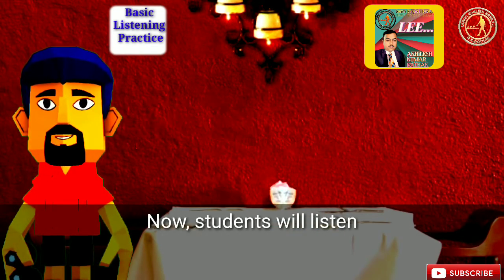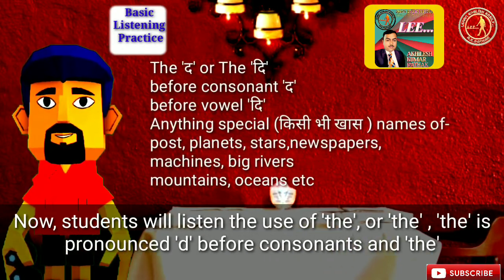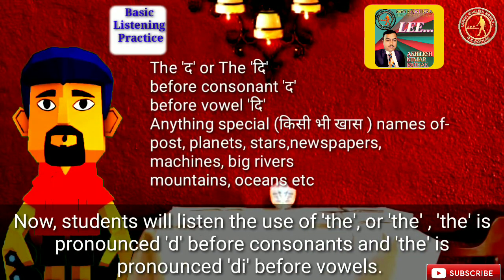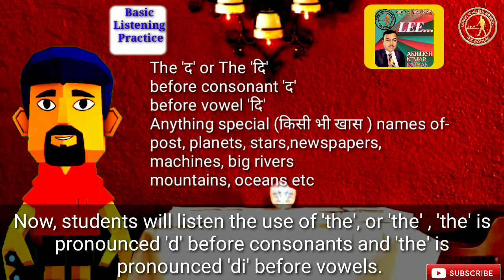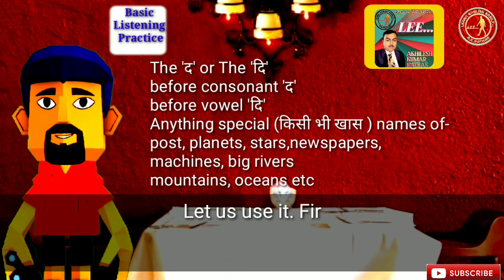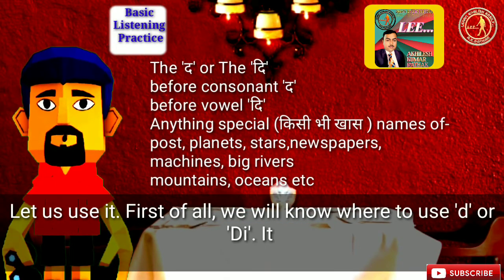Now students, we will listen to the use of "the" (thuh) or "the" (thee). "The" is pronounced "thuh" before consonants and "thee" before vowels. First of all, we will know where to use it.